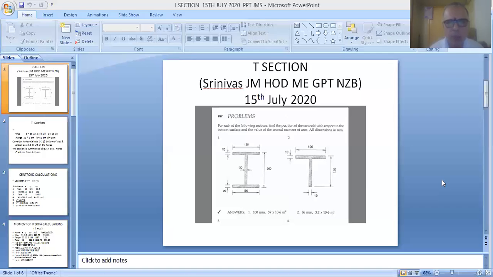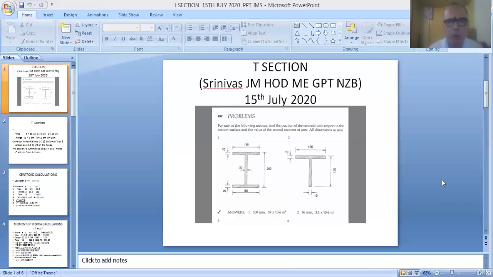The only difference is that the T section has only one flange, put at the top of the figure, whereas the I section consists of two flanges, one on the top of the web and the other at the bottom of the web.